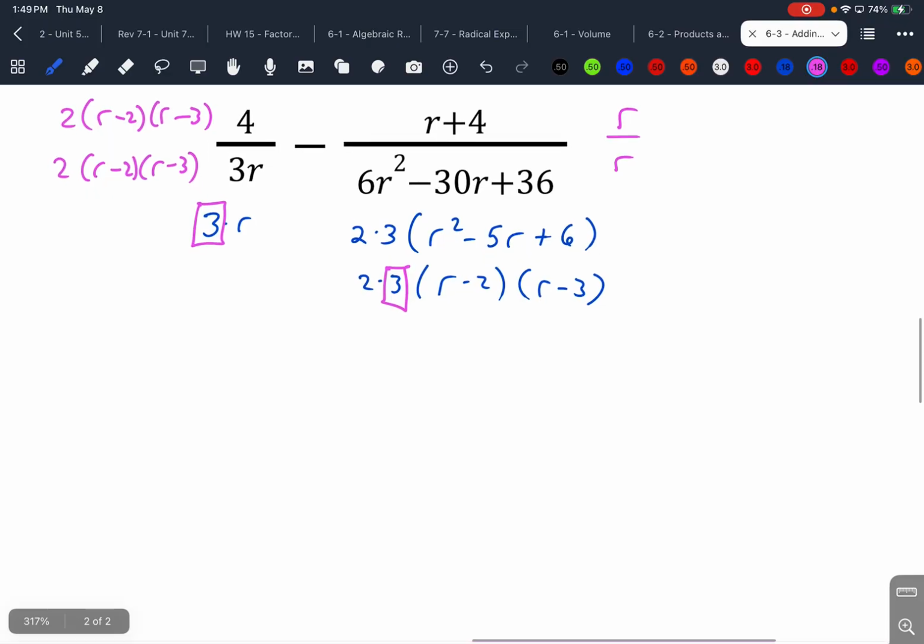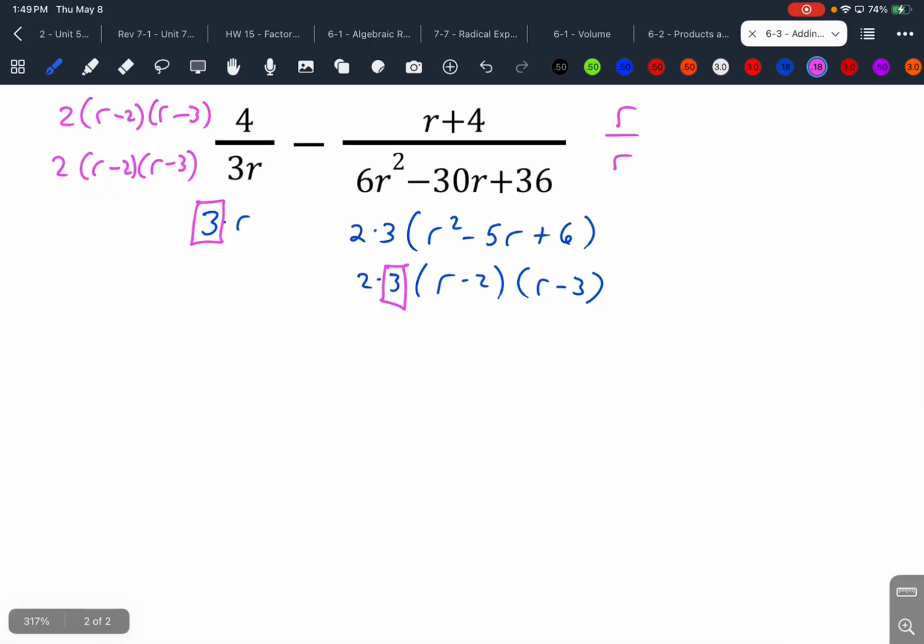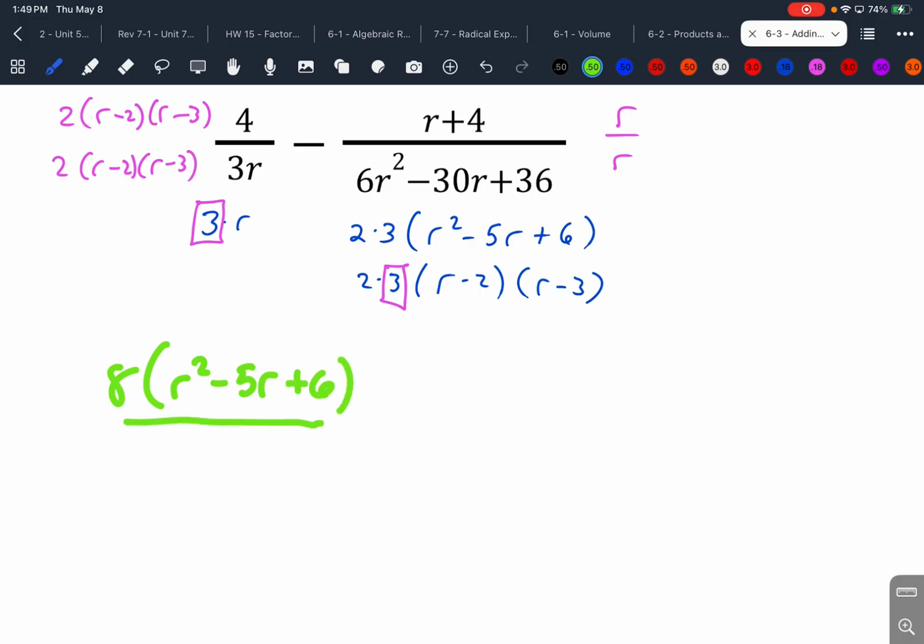see, 4 times 2 is 8. And then we'll have 8 times r squared minus 5r plus 6 over this ugly fraction, 6r, r minus 2, r minus 3.